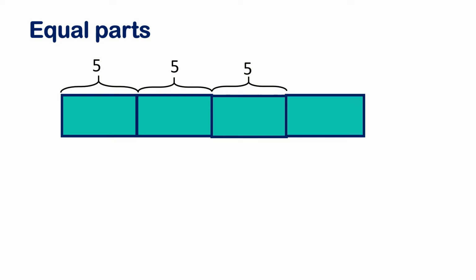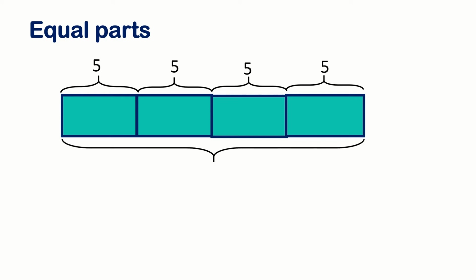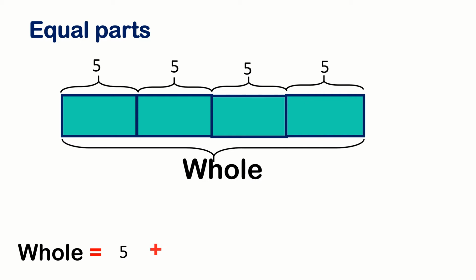Last one also same value, same size, its value is also 5. Now we want to find what is the whole of this bar. We have to add all these 4 bars together to make the whole. Whole equal 5 plus 5 plus 5 plus 5.